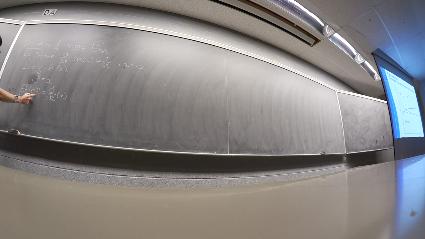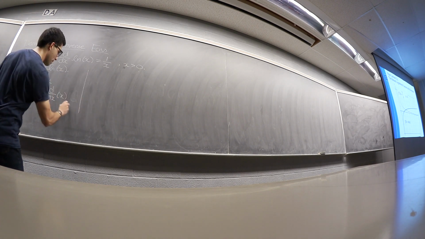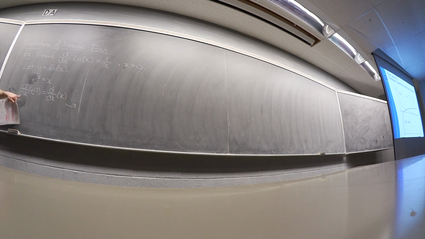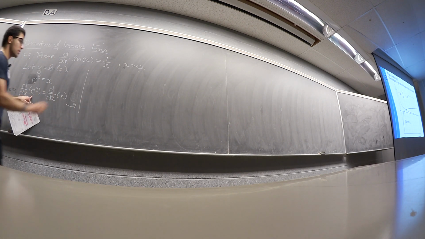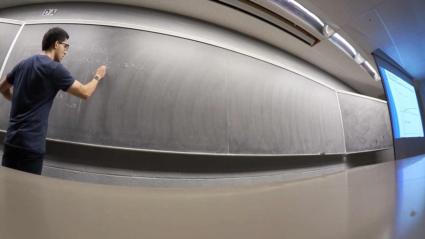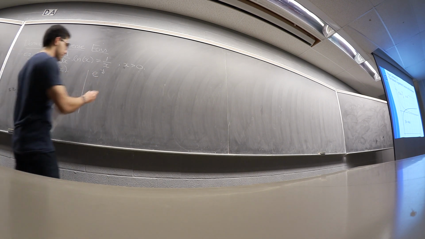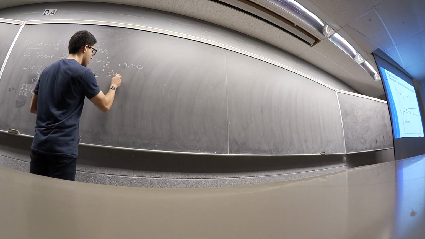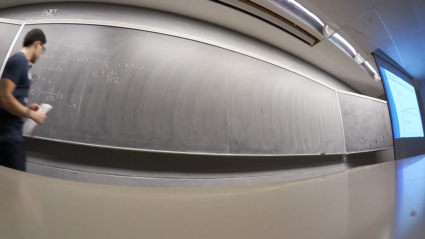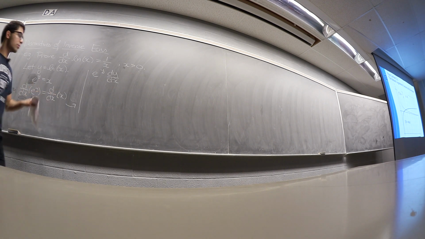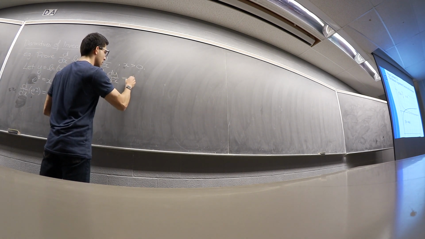The derivative of natural exponentiation is just natural exponentiation. So e to the y multiplied by the derivative of the inside function, y prime, or dy dx. And the derivative of x with respect to x is just 1.